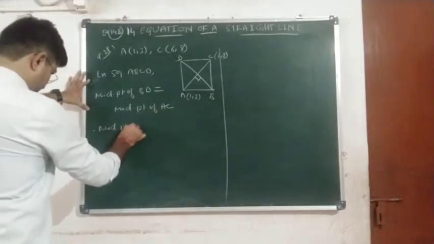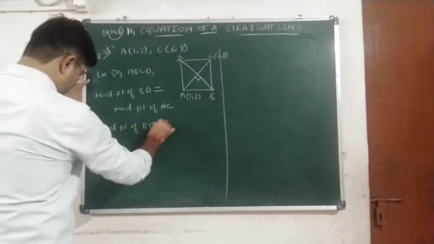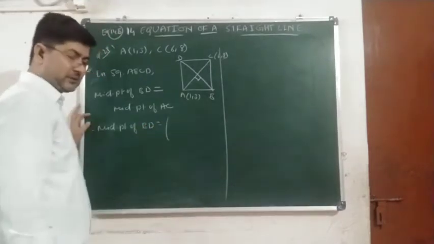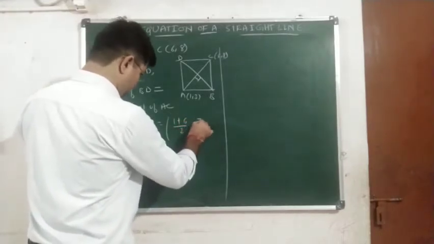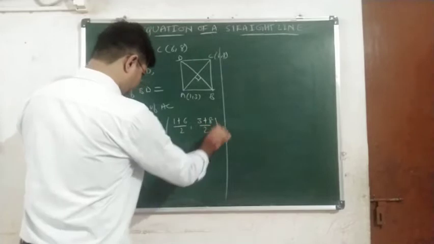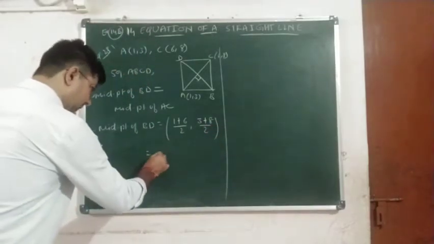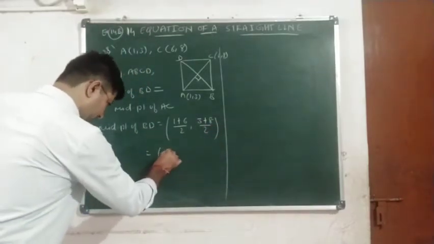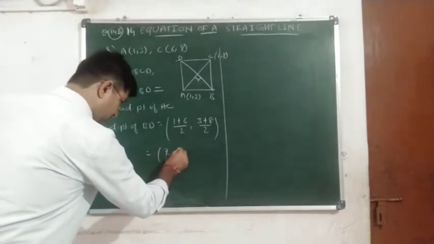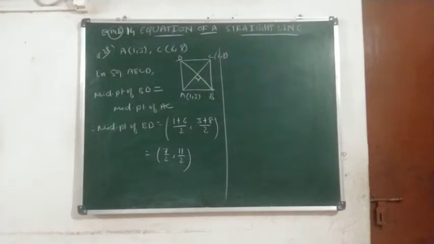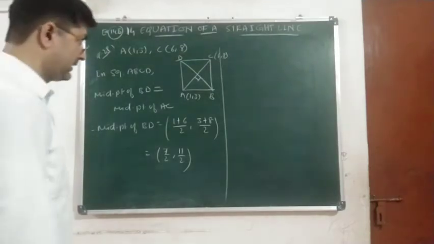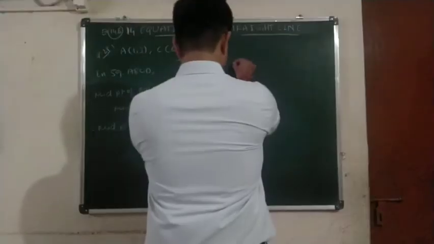Therefore midpoint of BD equals x1 plus x2 by 2, that is 1 plus 6 upon 2 comma 3 plus 8 upon 2. Therefore 7 upon 2, 11 upon 2. So we got the midpoint of BD. Now we will find the slope of AC.